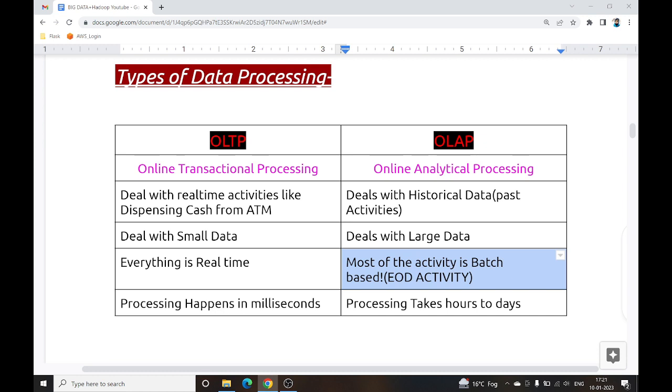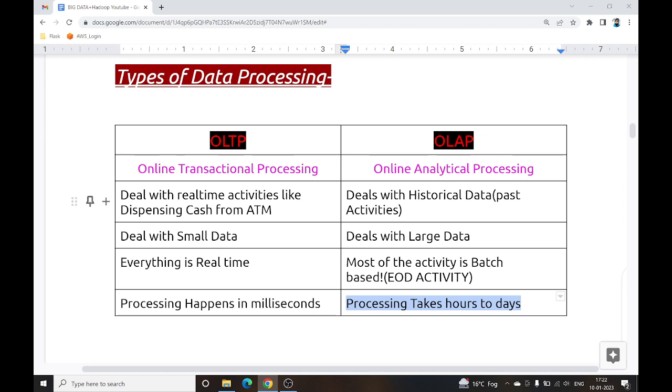This type of processing takes hours to days to process the data and get some insights from it.